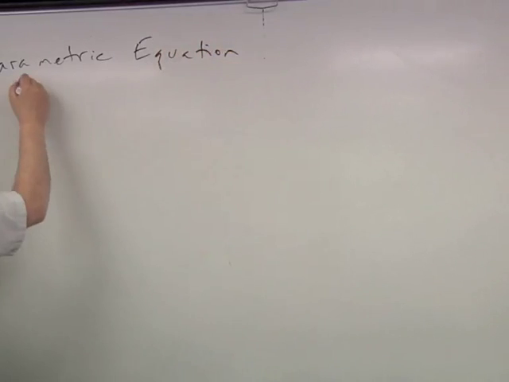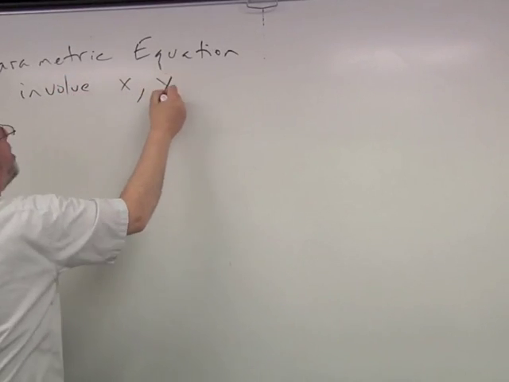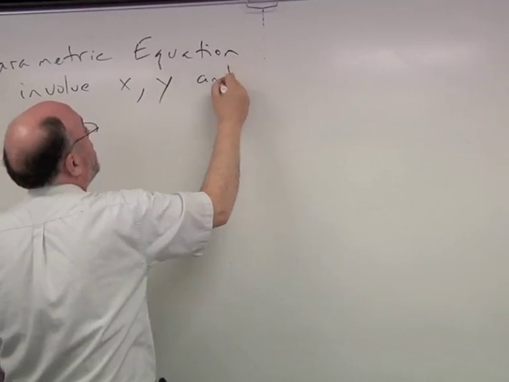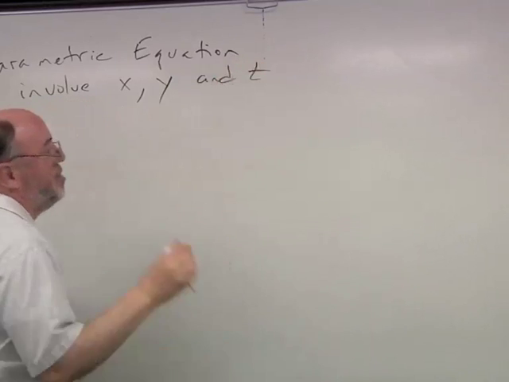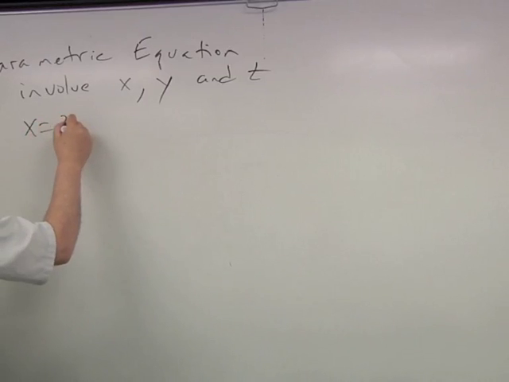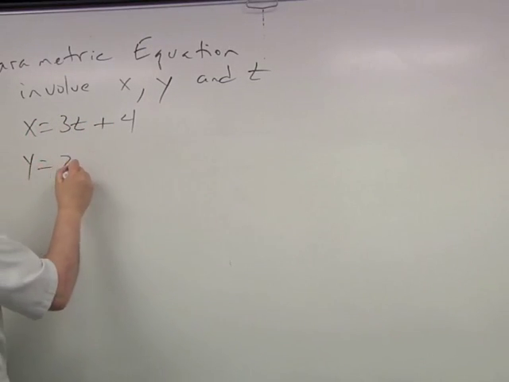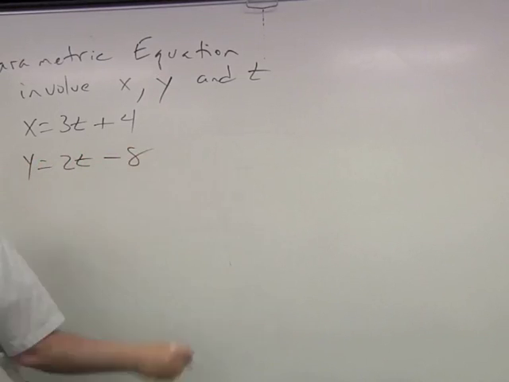So a parametric equation would be something like this: x equals 3t plus 4, and y equals 2t minus 8. That would be a parametric equation.